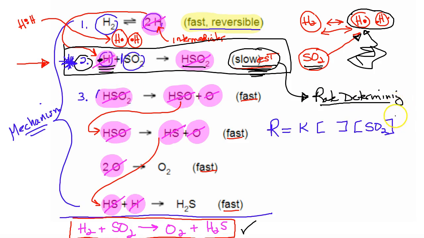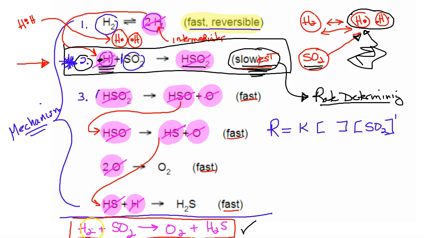So that becomes an order of 1. Coefficients become the orders only if you have an elementary step. In this proposed mechanism, based upon the fast equilibrium, as we just discussed, this must be the slowest step, an individual elementary step, so that 1 for the SO2 goes there.